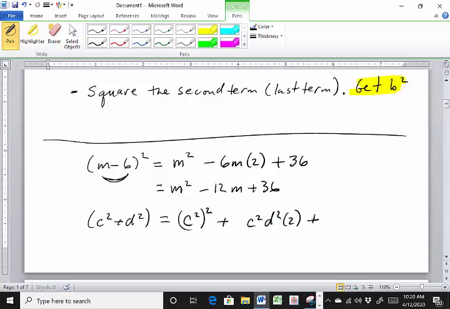And then I square the last, so that's d squared squared. So we end up with c to the 4th plus 2c squared d squared plus d to the 4th power. Remember, when you raise one power to another, you multiply. So 2 times 2 is 4. 2 times 2 is 4.